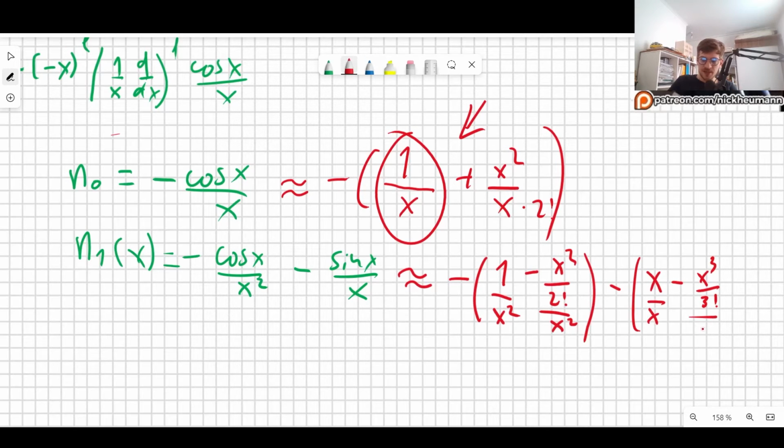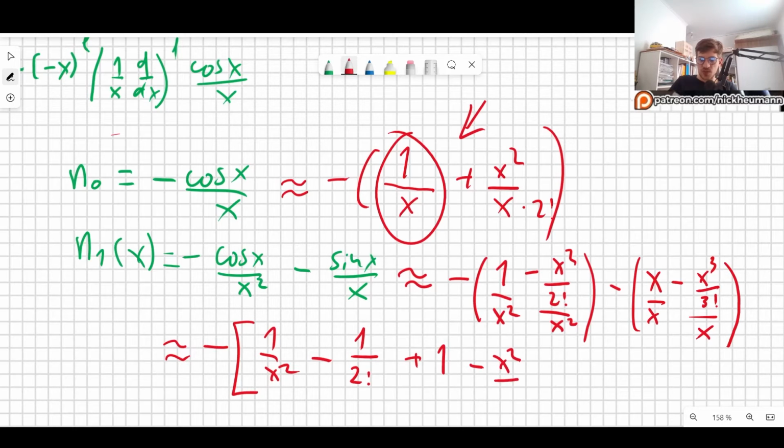And I believe that that is correct. I hope so. Yes. So if we continue with this, we have an overall minus sign, and then we have 1 over x squared minus 1 over 2 factorial, then plus 1 minus x squared over 3 factorial. So you could simplify some things, but what matters is this.